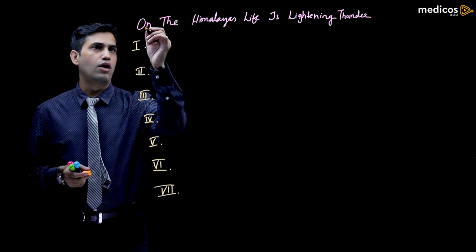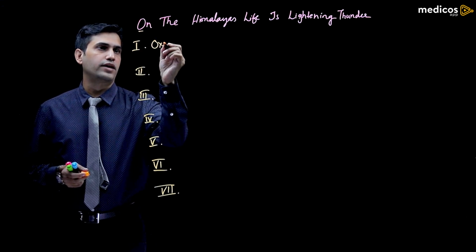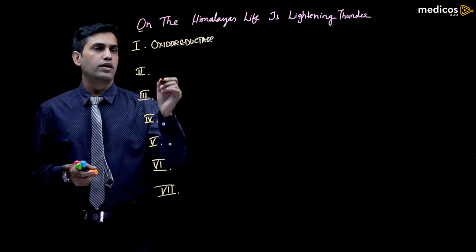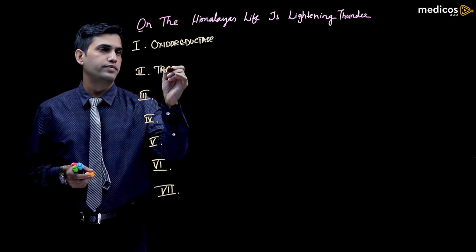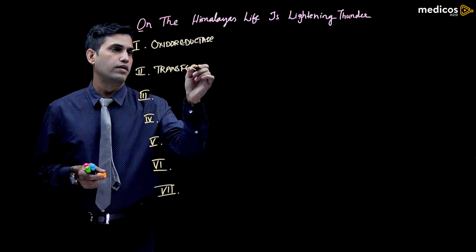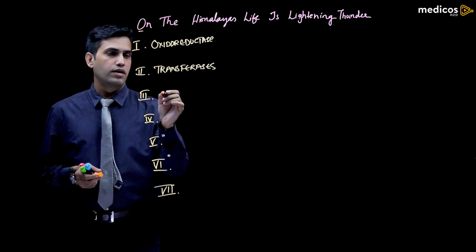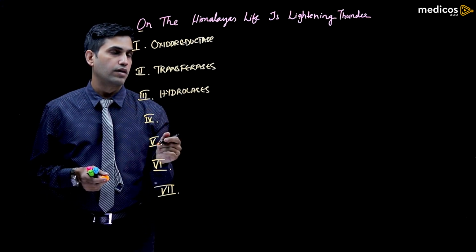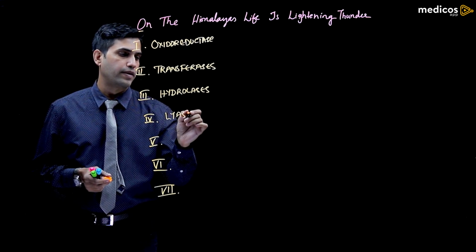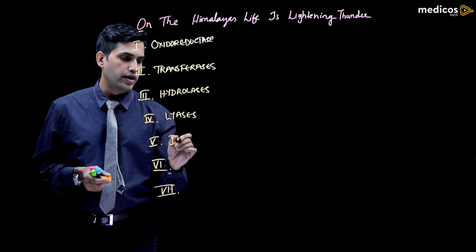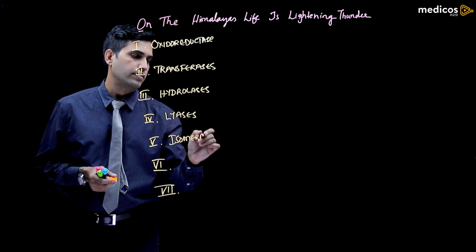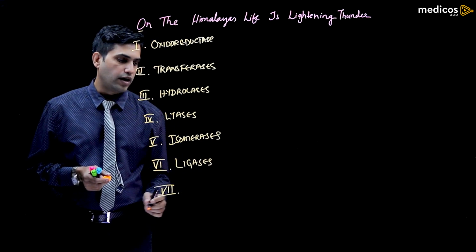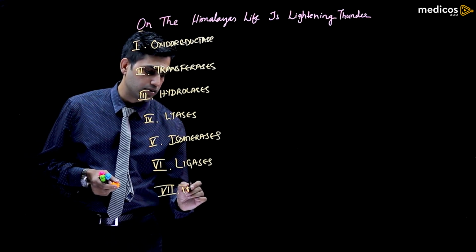Class 1 on O, oxidoreductases, transferases, hydrolases, lyases, isomerases, ligases, and finally translocases.